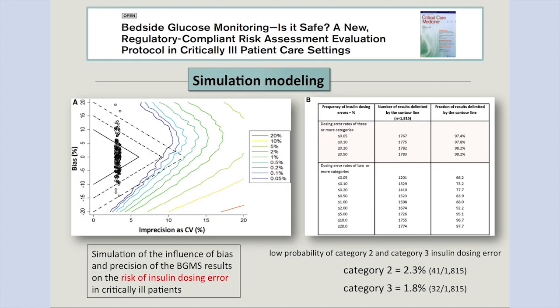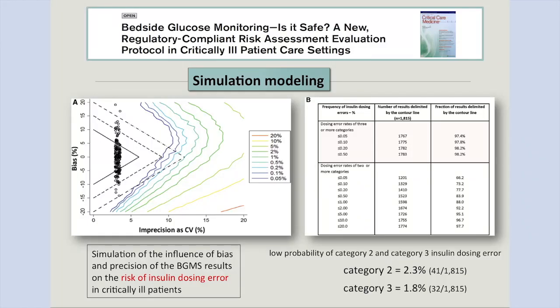Then we get into the fun part, and that is the simulation modeling. What I'd like to do is step back and talk a little bit in detail about what the simulation modeling does, because we're concerned about clinical risk. When we measure glucose in an adult ICU patient, what we're primarily interested in, number one, is that they're hypermetabolic, as Nam had mentioned.